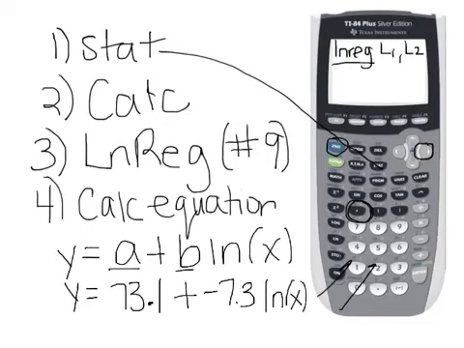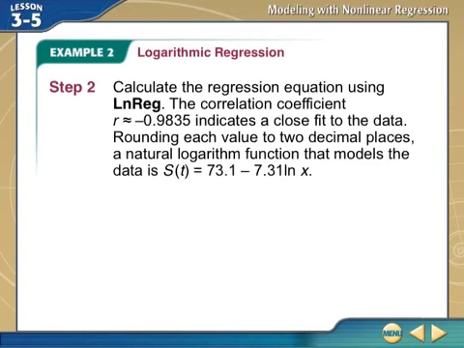Since I have a plus and a negative sign right next to each other, I could just say 73.1 minus 7.3 natural log x as my equation. As you can see, the book got the same equation as we did.